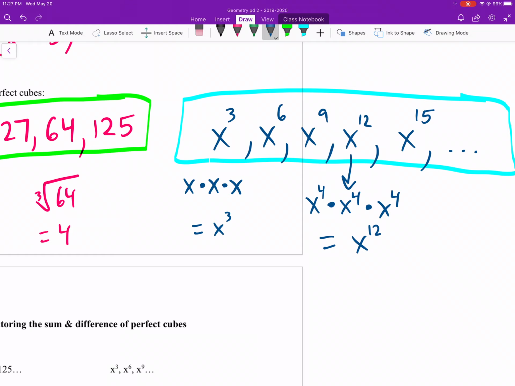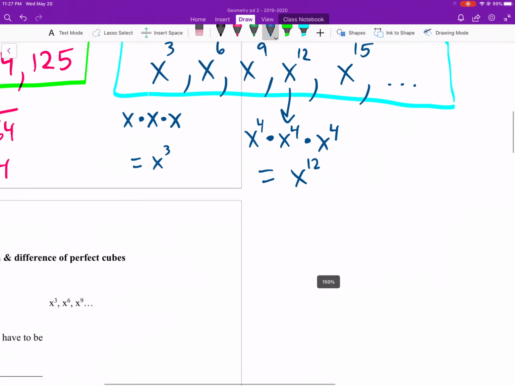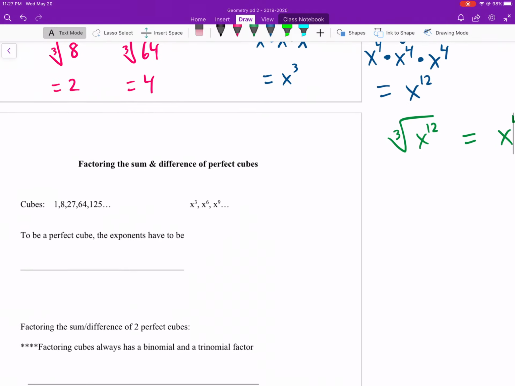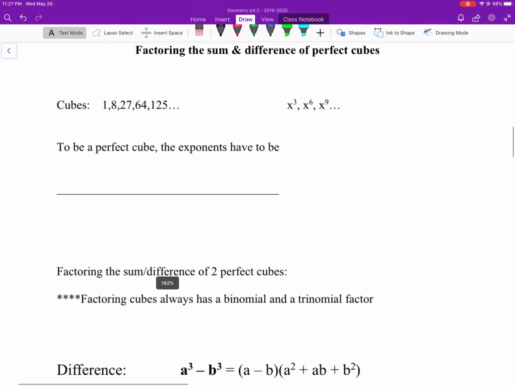Or I could have written it like I did over here: the cubed root of x to the 12th would be equal to x to the 4th. Why? Because x to the 4th times x to the 4th times x to the 4th gives you x to the 12th. So there's some of them written for you here.